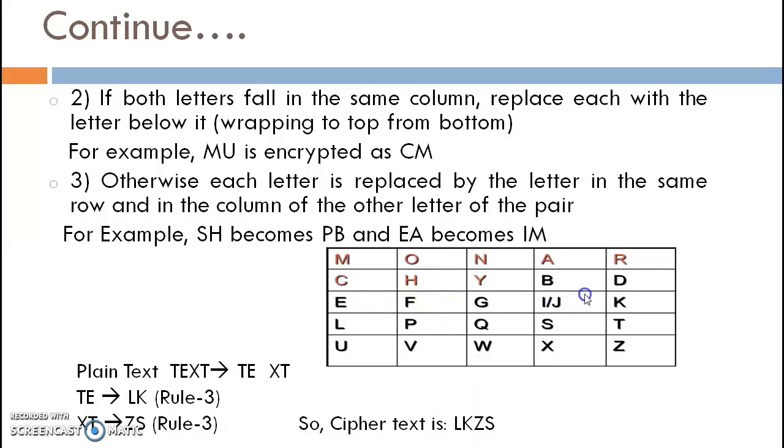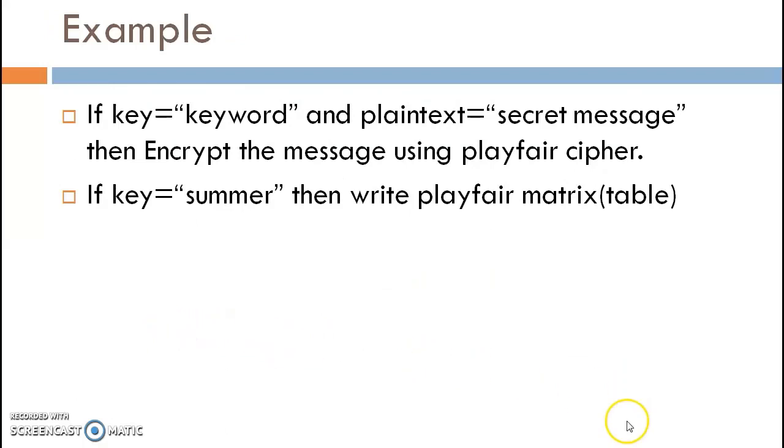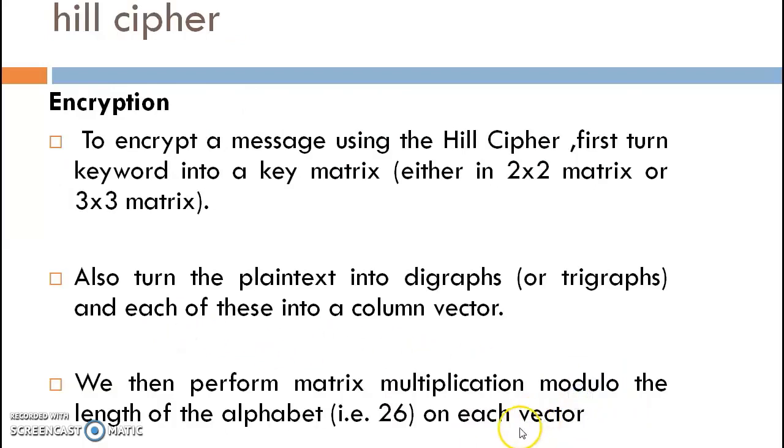Then XT: X is on the last row and T is on the fourth row. X and T are not in the same row or column, so they are replaced with ZS as per rule number 3. So the ciphertext is LK ZS. These are the other examples for reference. Now the Hill cipher.